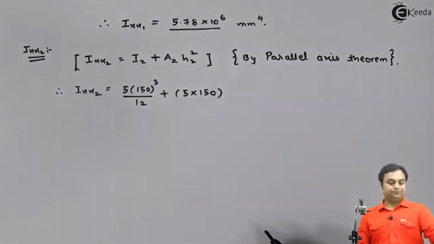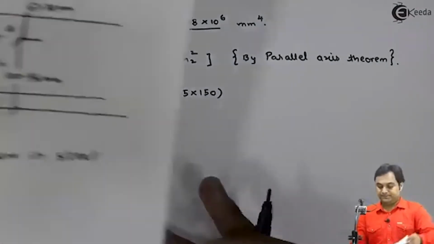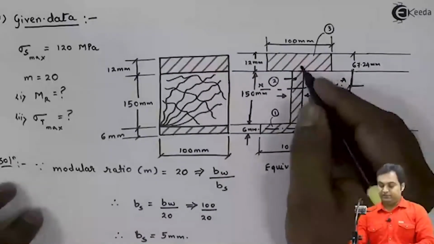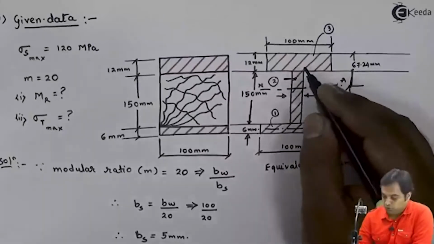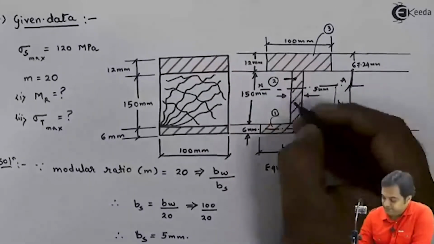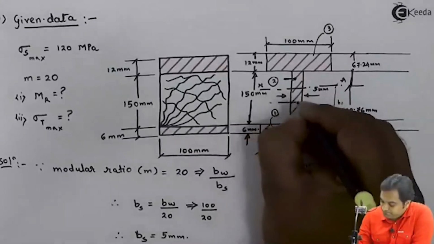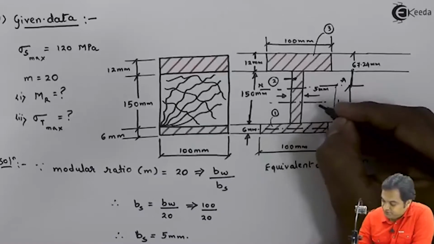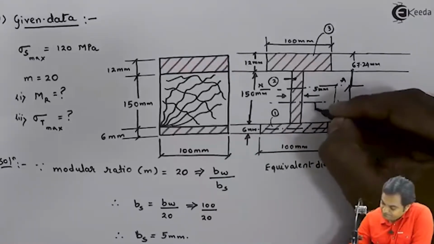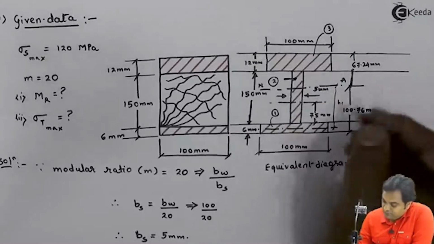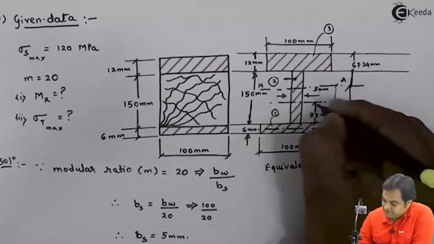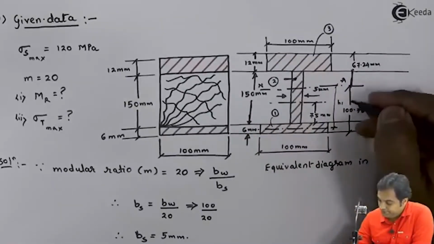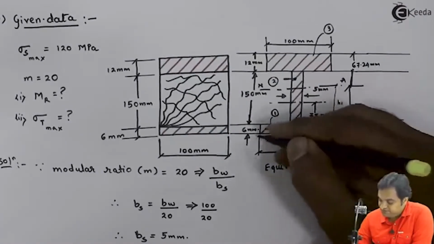H2, that is the distance between the neutral axis and the horizontal axis of rectangle 2. The horizontal axis of rectangle 2 would be passing through half of 150, that is 75 mm from bottom. It would be from here, it is 75 mm. I want to calculate the distance between neutral axis and the horizontal axis of rectangle 2. So that would be 100.76 minus 75 plus 6.